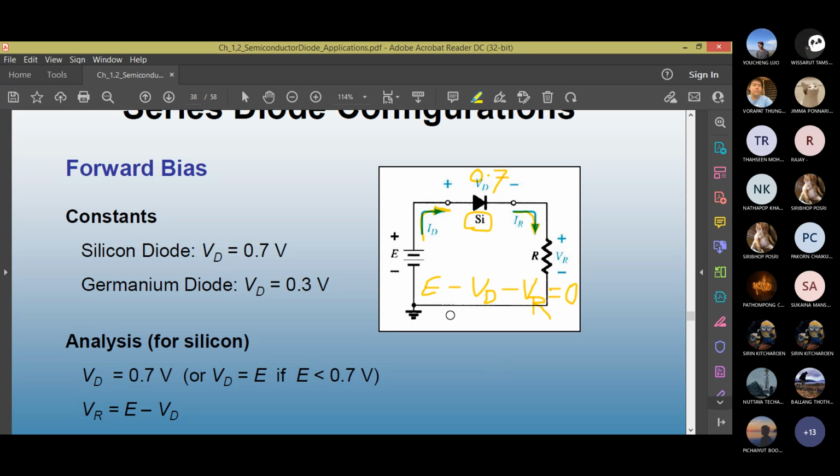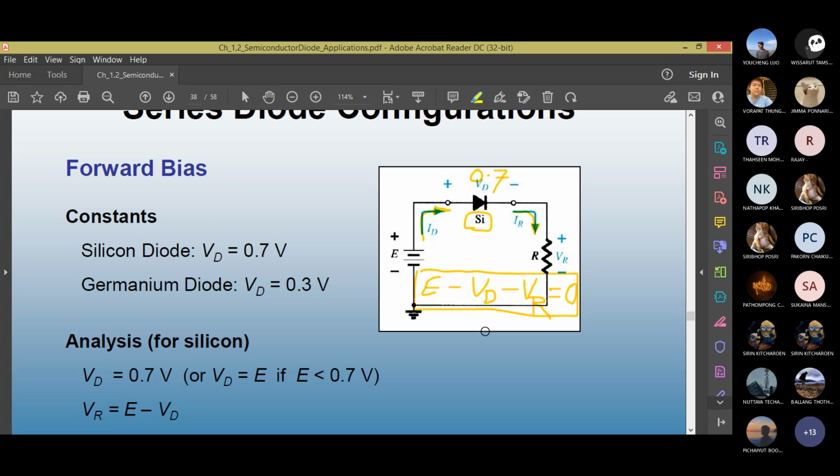If you move VD to the right hand side in this equation, VD equals E minus VR. Everyone understands this point? VD equals E minus VR.